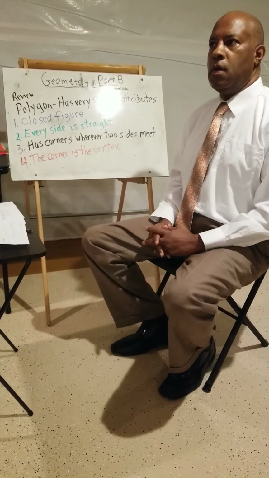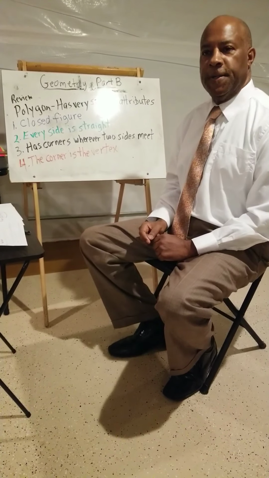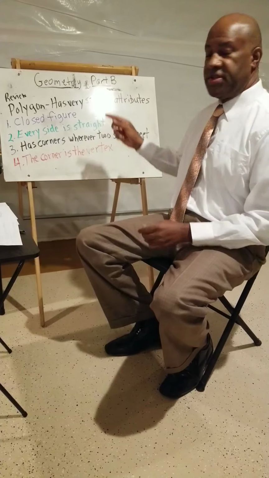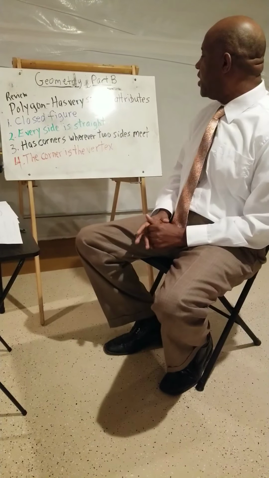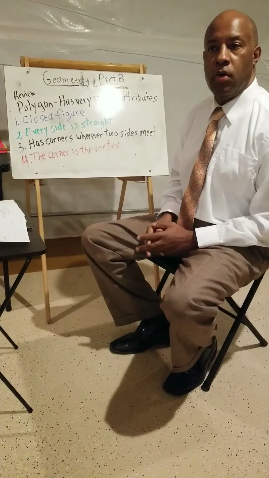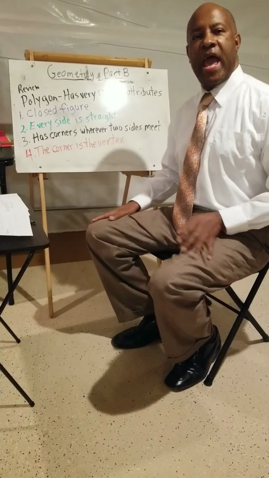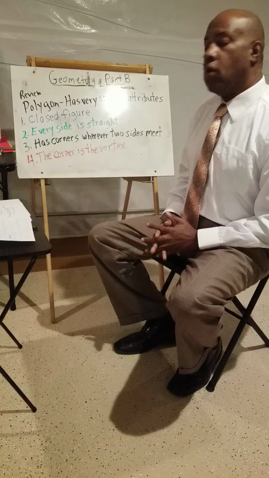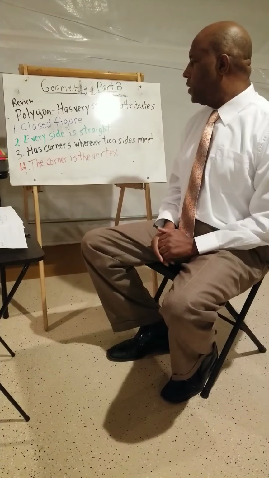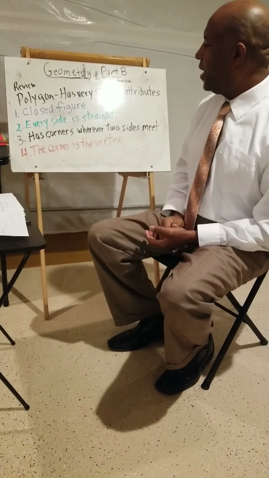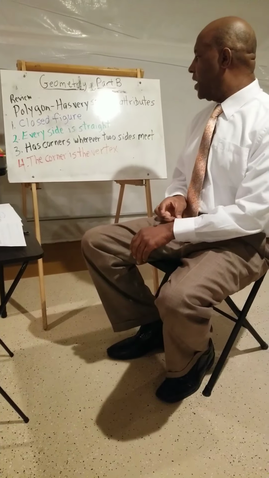So what is a polygon? A polygon has, and you see how it's color coded for you, very specific attributes or characteristics. There are 4 different attributes or characteristics of each and every polygon.